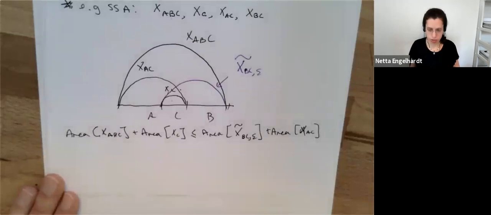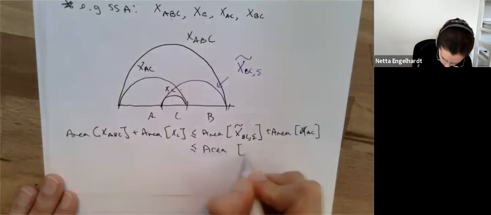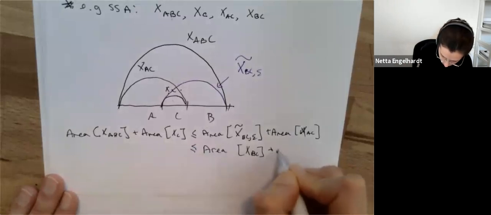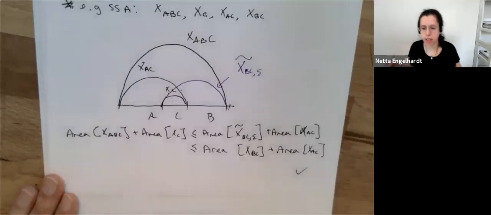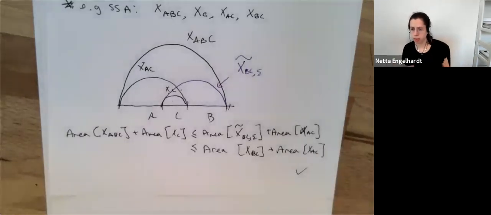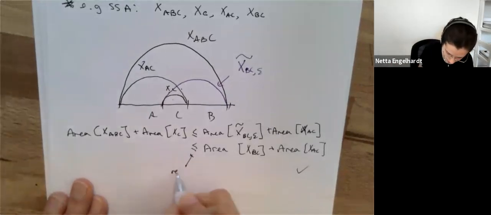But we know the area of this is smaller than the area of XBC. This was the thing that I didn't prove for you, but you can check it out for yourself. This is then less than or equal to the area of XBC plus the area of XAC. And ta-da, we have strong separativity. So here we used the representative trick.